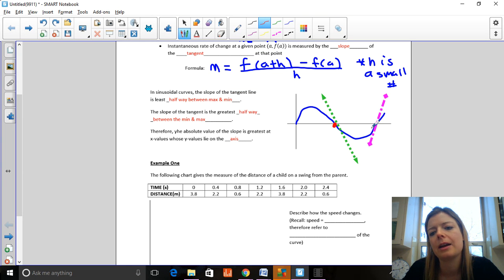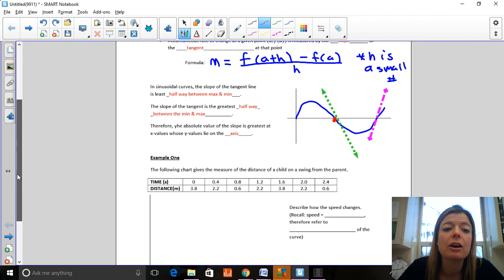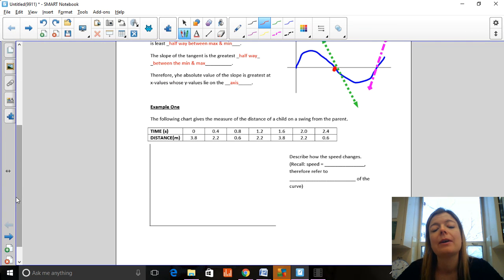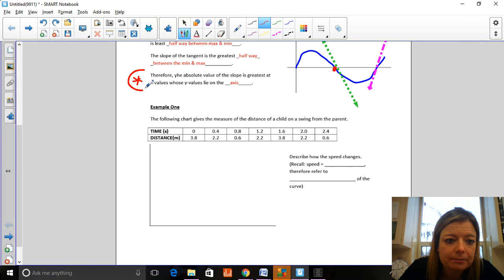So after this, it'll become less and less steep until it becomes 0 at a maximum, and then less steep, and then more and more negative as it goes down again. All right, so therefore the absolute value of the slope is the greatest at any y values that lie on the axis. This is a really important point.